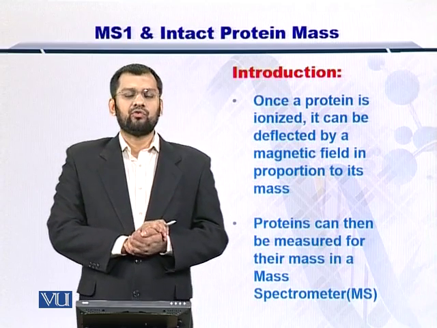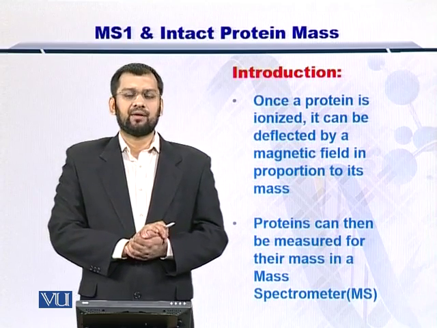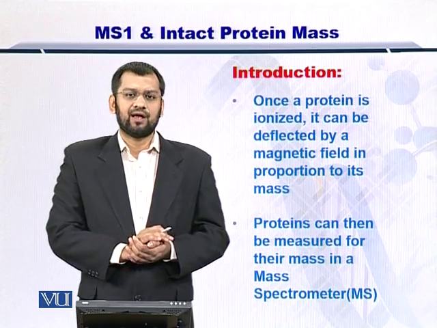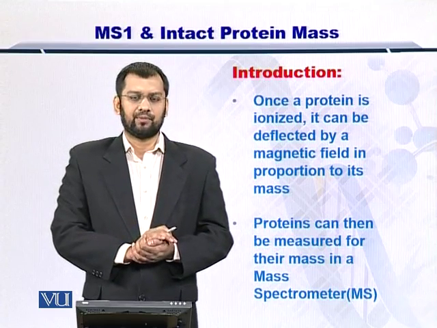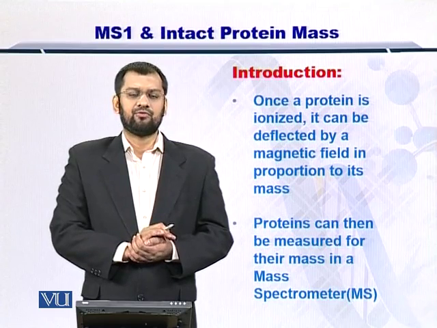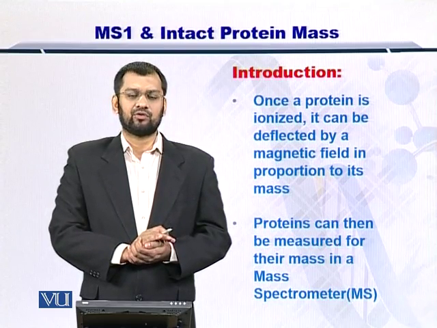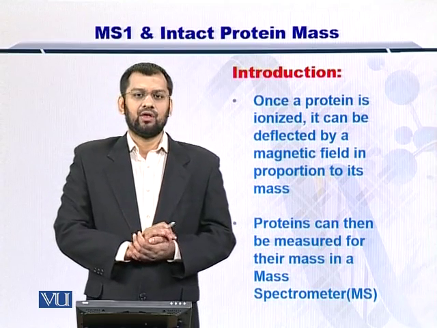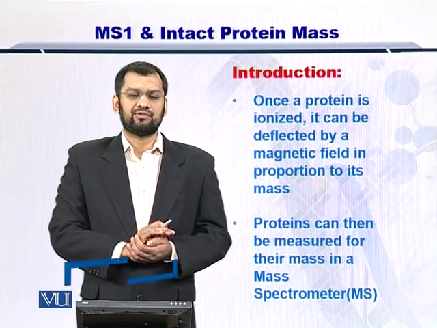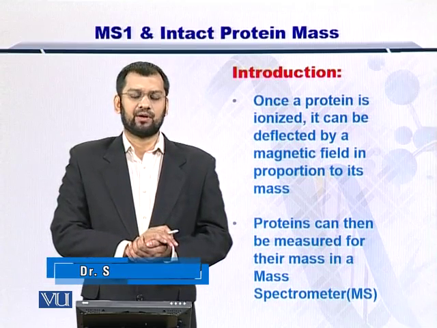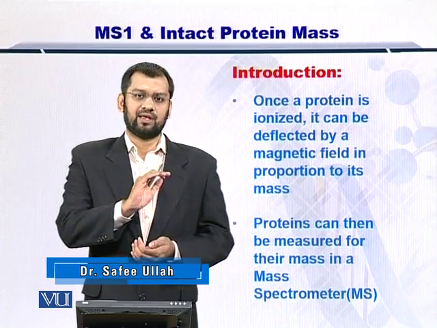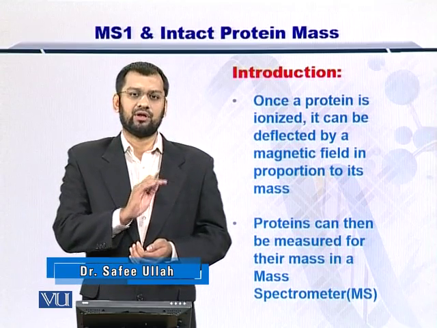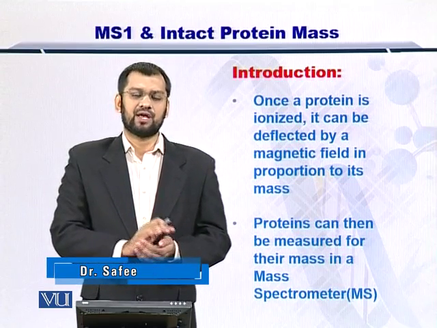Okay, so introducing the topic. Once you have ionized the protein or peptide, then it is ready for injection into the mass spectrometer chamber. Once you inject it into the mass spectrometer chamber, then it will take a motion according to the charge and the mass.